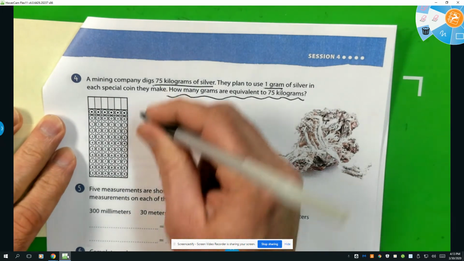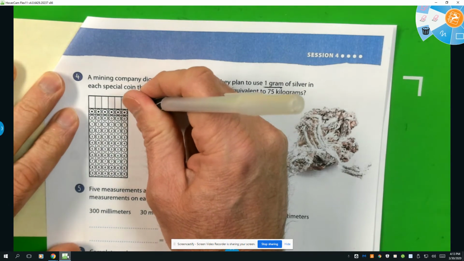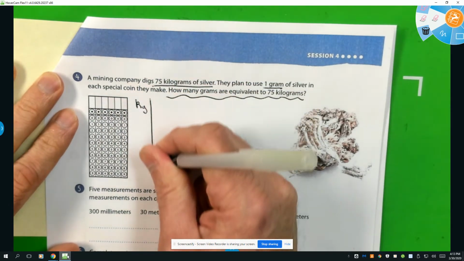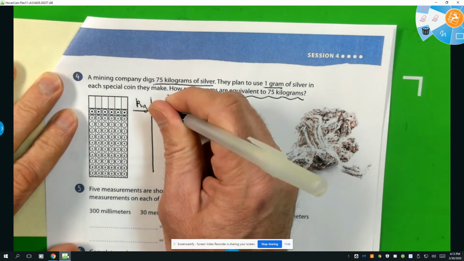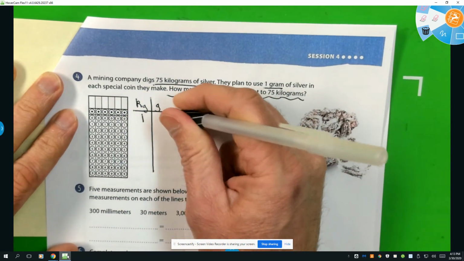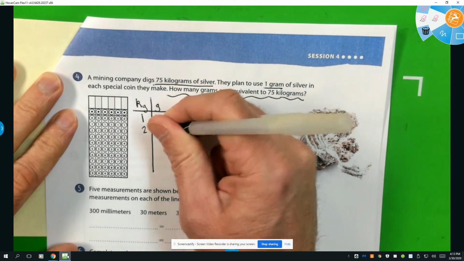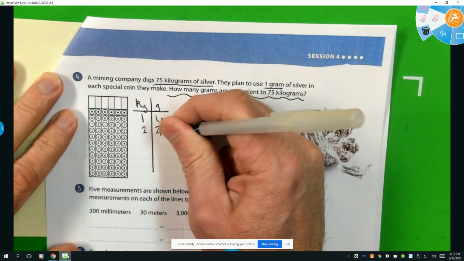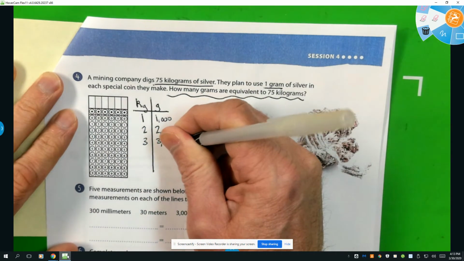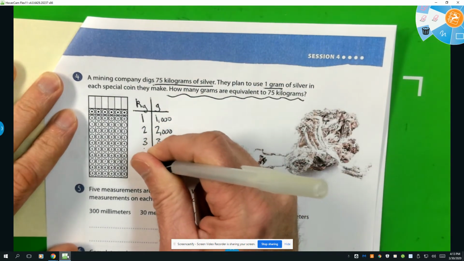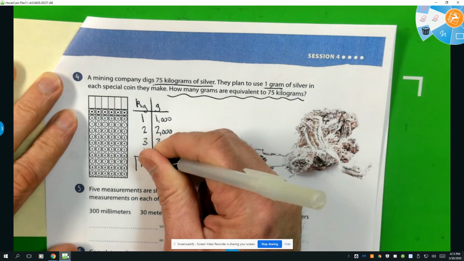Now, start with just our table. So we're going to go with kilograms, then we're going to go to grams. 1 kilogram, 1,000 grams. 2 kilograms, 2,000 grams. 3 kilograms, 3,000. Let's skip quite a few down, and now we can go to 75 kilograms.